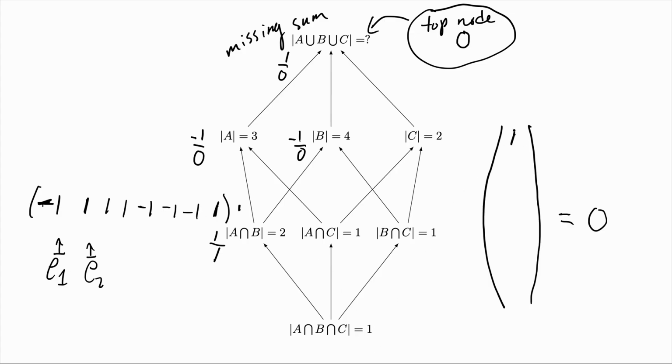So I guess 1, and then 2, 1, 1, like that, 2, 1, 1, 3, 4, 2, and then I have a question mark here. I run this calculation, and I would be able to compute that.